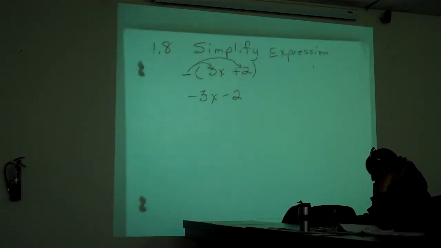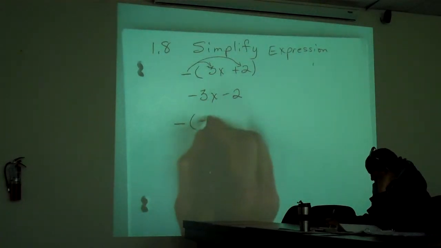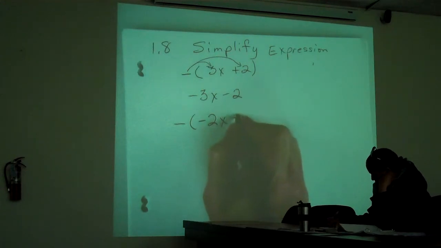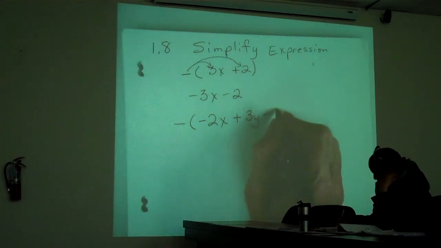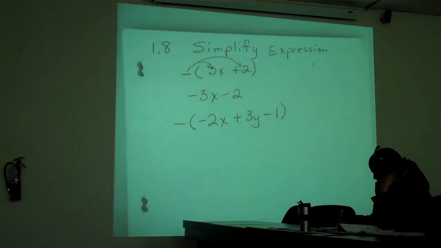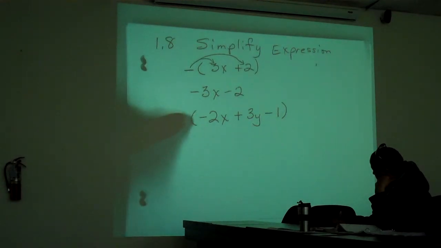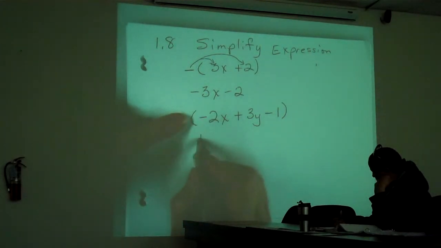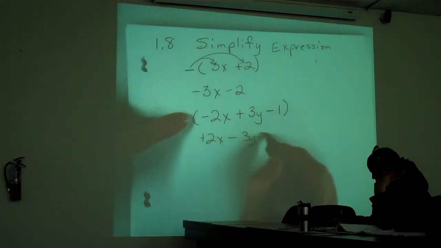Okay? So let's do one that has like 3 terms inside there. So it has a negative, 2x plus 3y minus 1. Okay. You could do it real quick by just changing all the signs. Just cover this up and go, okay, this is going to be positive 2x. We have minus 3y, and this will change to a positive 1.